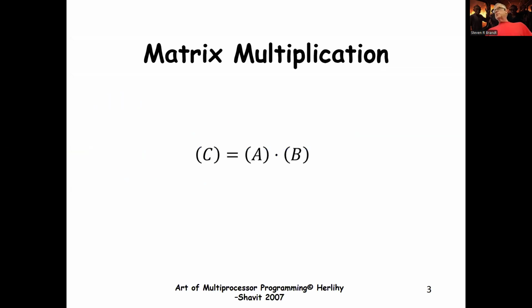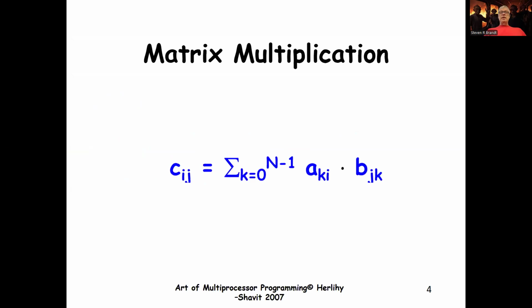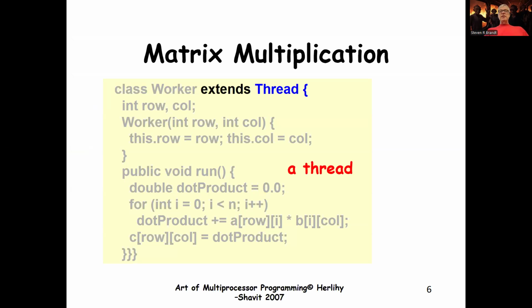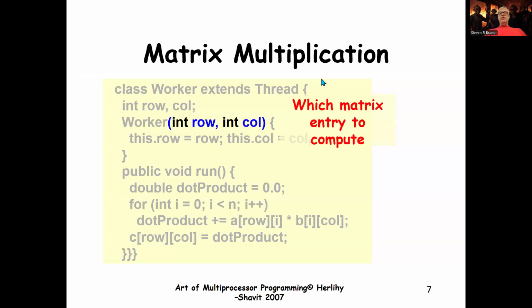Suppose you're doing matrix multiplication. Matrix multiplication looks like that, right? We're iterating over k in the summation. The code would look something like this. We have a thread, extends Thread at the top, and then we have which matrix entry to compute: the row and the column.